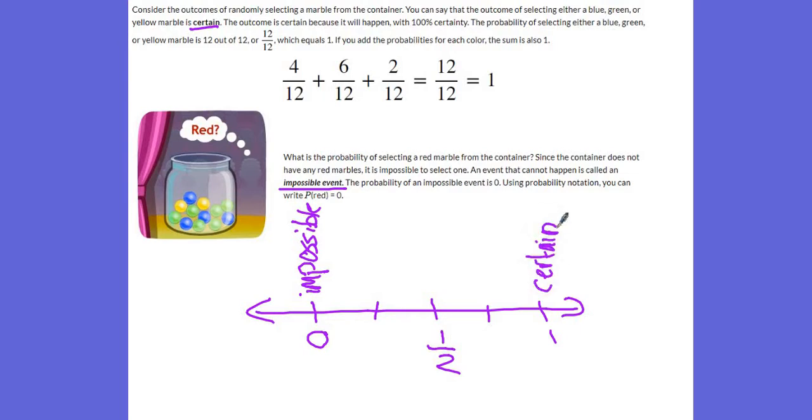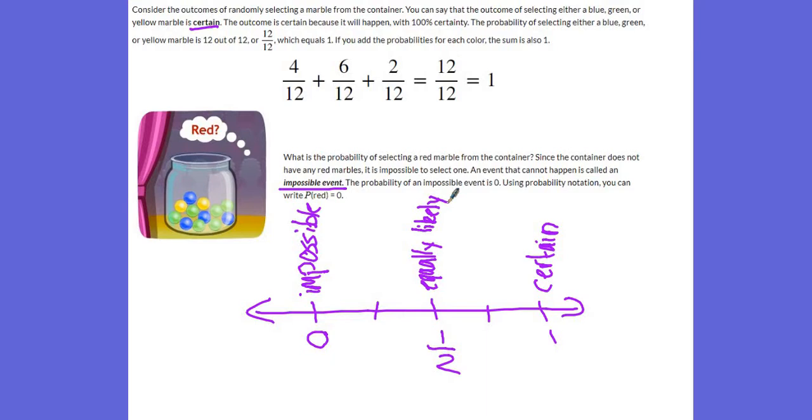Well, if it came out to 1/2, any ideas of what I could call 1/2? It is called equally likely. It's equally likely to happen. It's got a 50-50 chance.